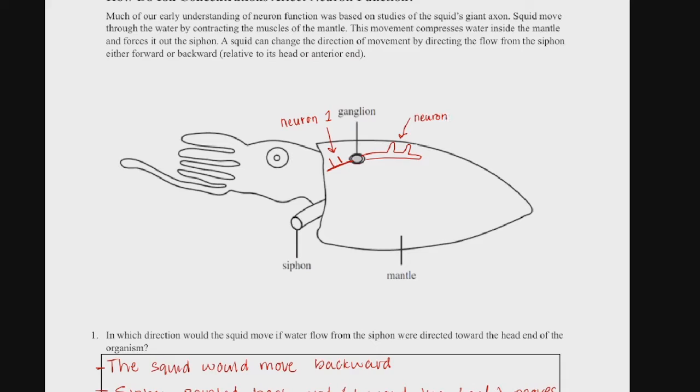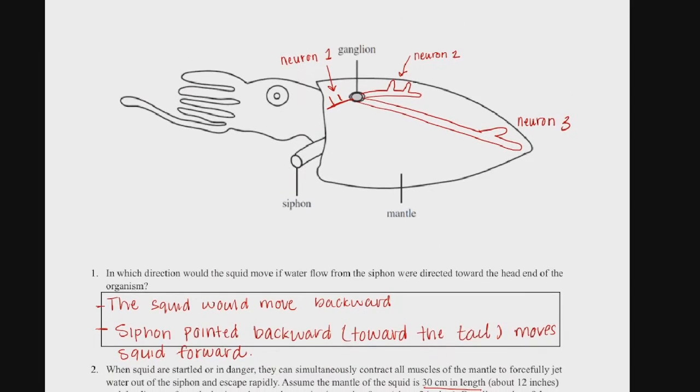This is neuron 2. And then finally neuron 3. We'll just be referring to this figure as we move forward to the next couple of questions.